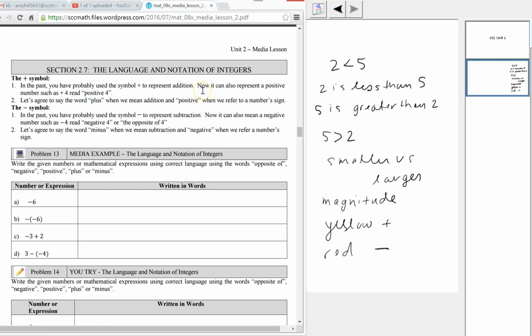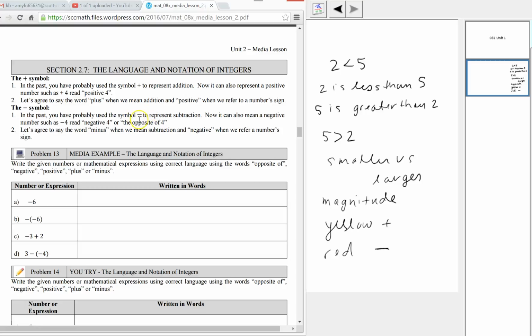So, of course, addition and positive numbers are connected when we start working with adding and subtracting, but we want them to see the difference between the operation and the sign of a number. And then to make it worse, of course, half the time when we want a positive number, we don't write the positive sign. So when we have a negative number, we absolutely write the negative sign.